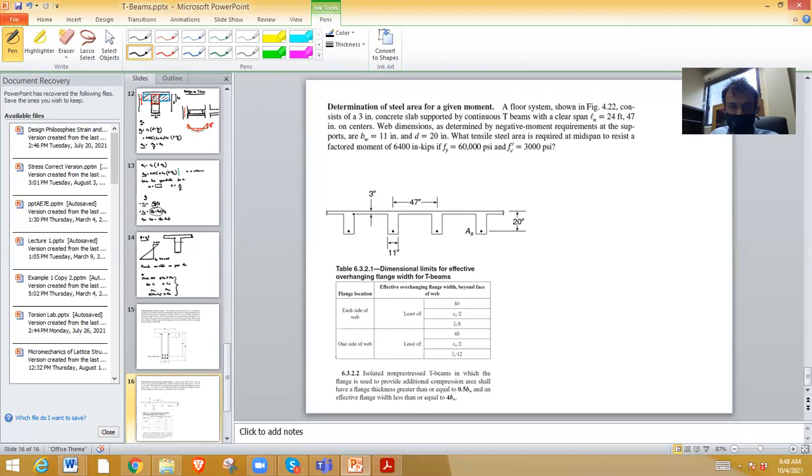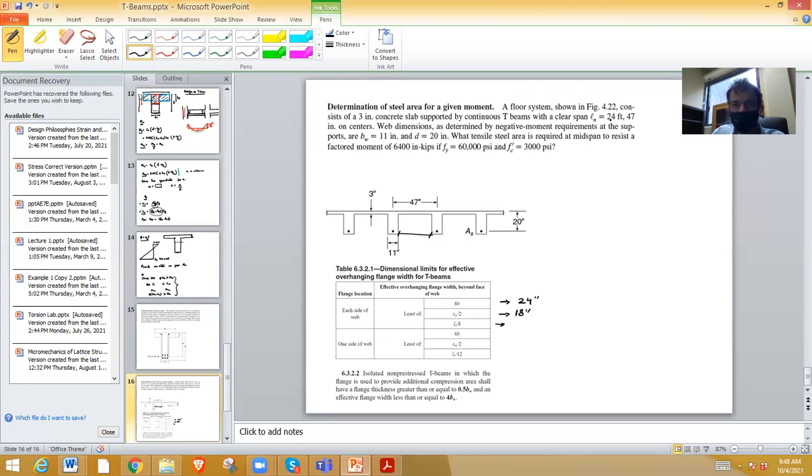Now, what is h? h is 3. So 8 times 3, 24 inches. Sw by 2, where Sw is the clear span: 47 minus 11, so 36 by 2, 18. Sw by 2 is 18.